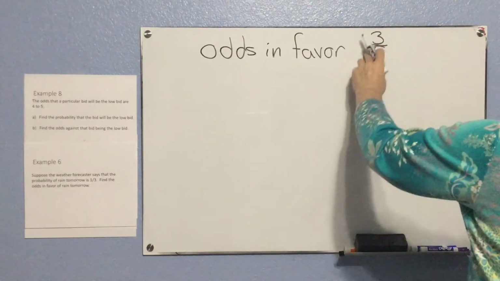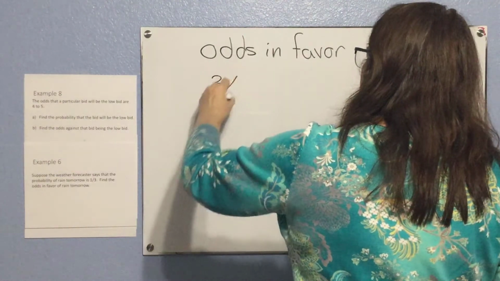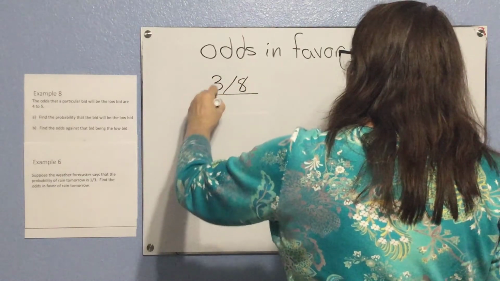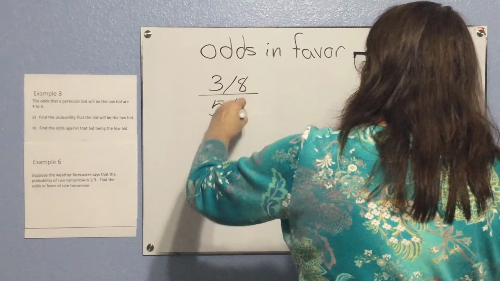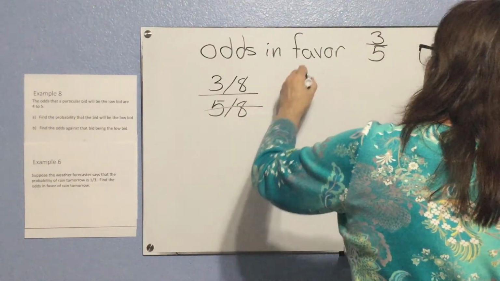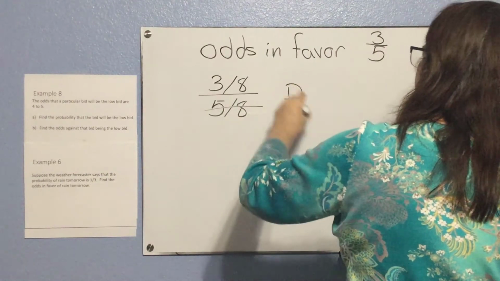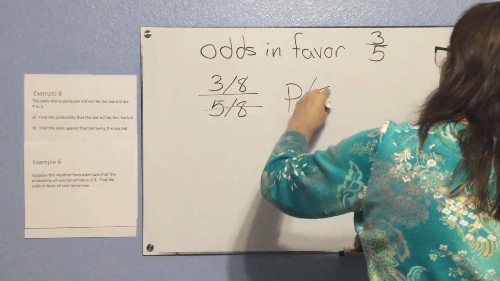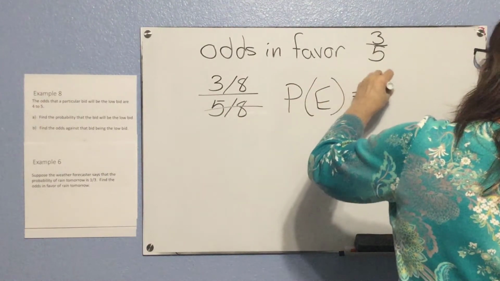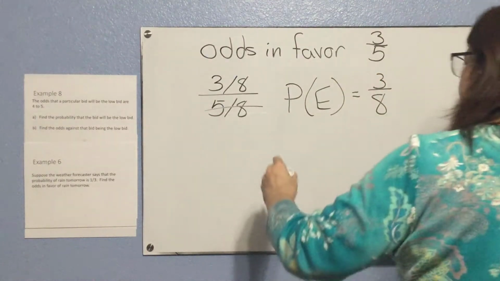Well, I have 3 and 5, so it must have been 3/8 over 5/8. So the odds in favor would be 3 to 5, but the probability of the event is 3/8.